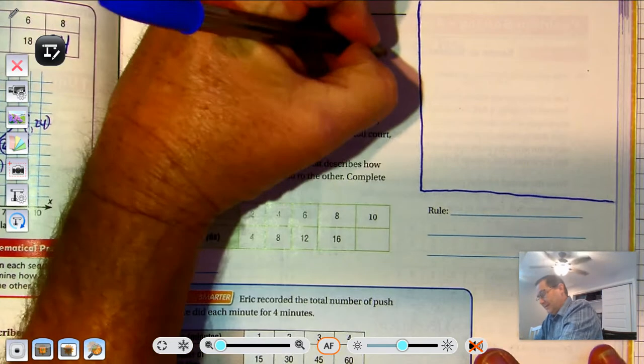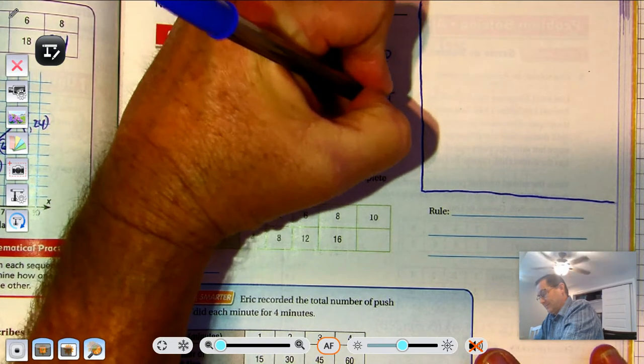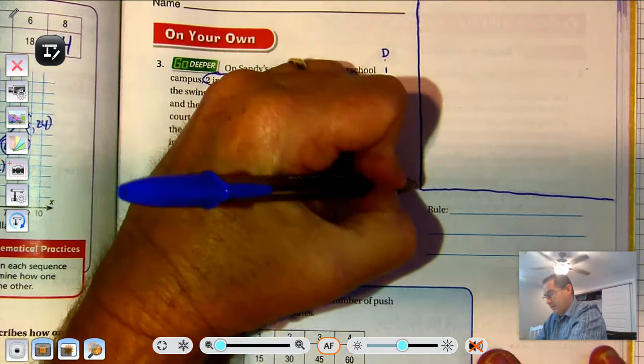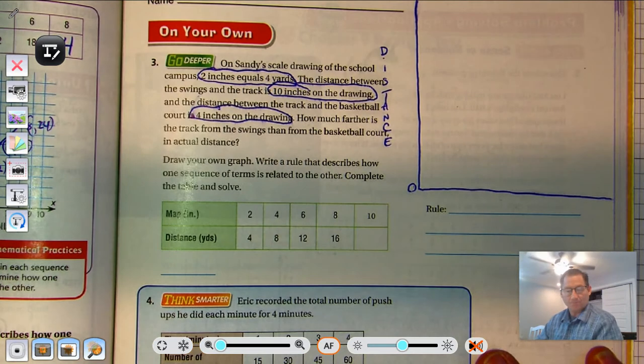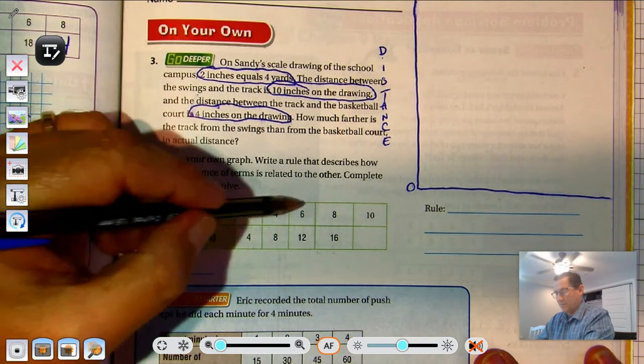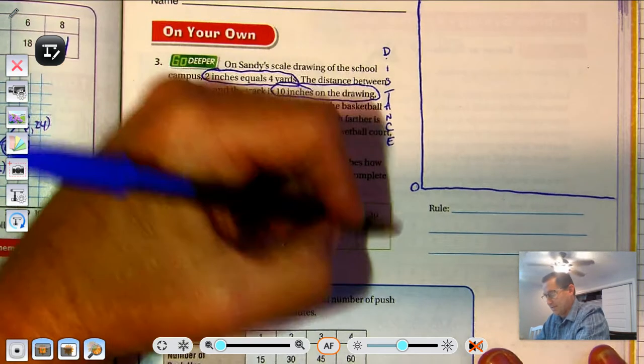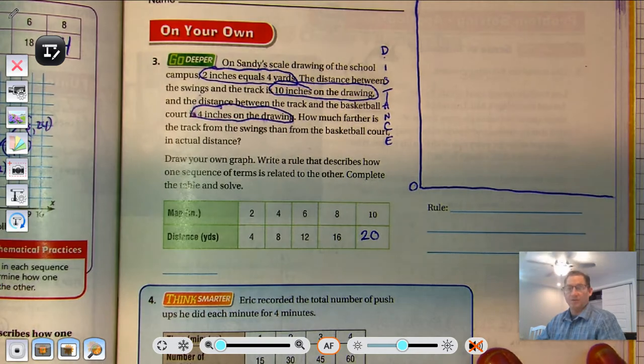So we can say distance along there. We know that that's going to be 0. And it looks like if we multiply the inches by 2, that'll tell us the distance.